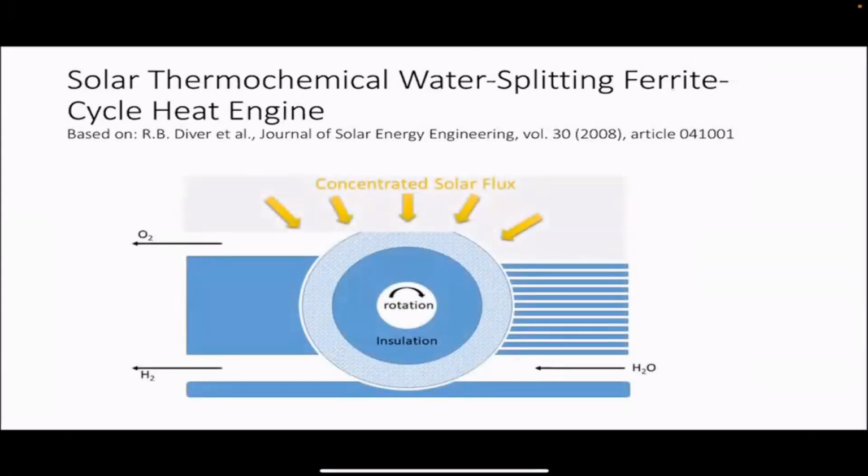So the idea is that we're going to use solar energy to split water. And in this process, water's fed to one side of a rotating drum. And you have two reactions that happen.